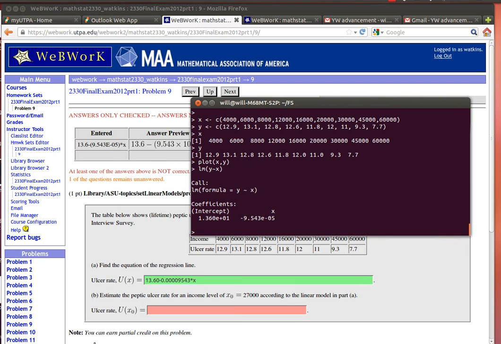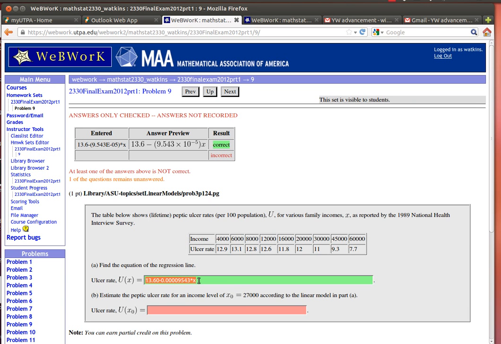The other thing that we're to find here is we're to predict what happens. Use this model. I'm going to copy that model and just paste it in here. Predict with that model when the x value, so notice that I'm editing the x value there, is 27,023.